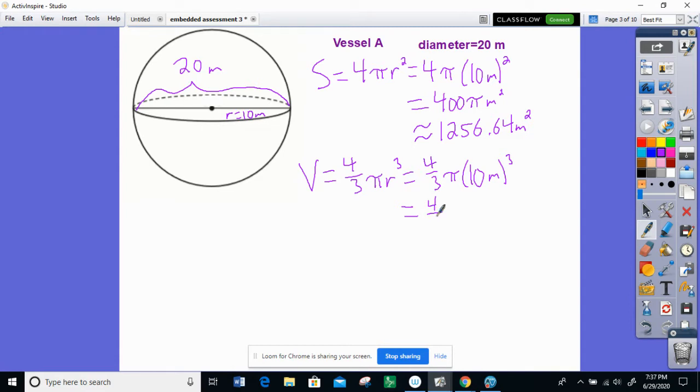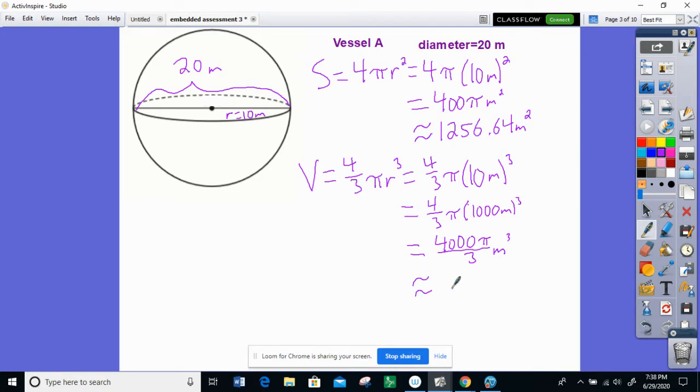That's 4/3 times pi. 10 meters to the third would be 1,000 meters cubed. All right, and since 1,000 is not divisible by 3, we're going to leave this as 4,000 pi over 3 cubic meters.